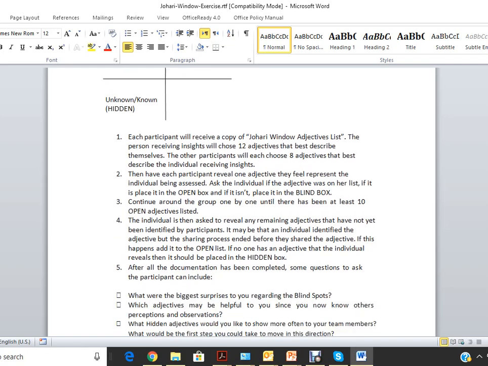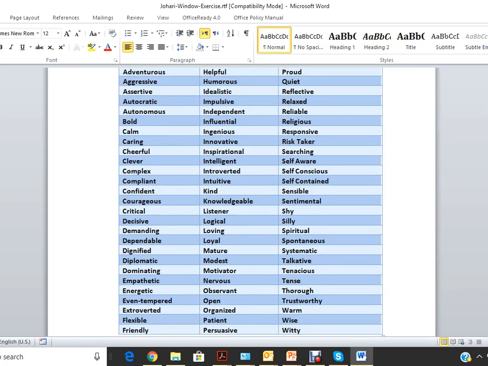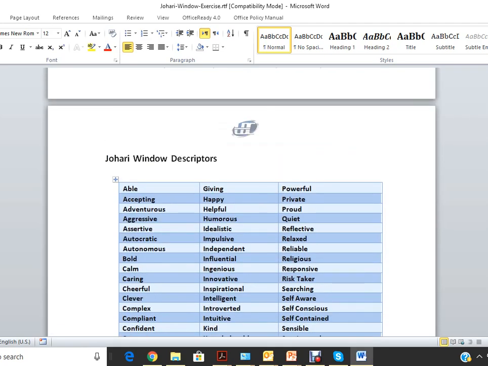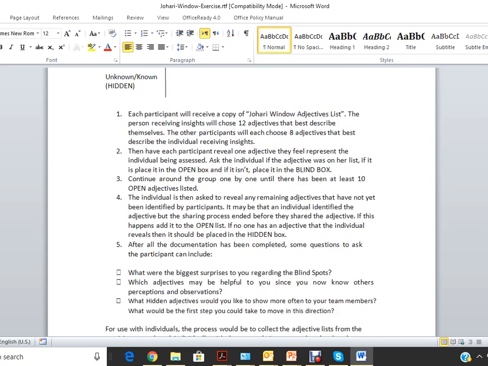And then each participant will receive a copy of the Johari window adjective list, and this Johari window adjective list is this one. Now, the person receiving insights, the one that we will do insight about, will choose 12 adjectives that best describe themselves. The other participants will each choose 8 adjectives that best describe the individual receiving insights.